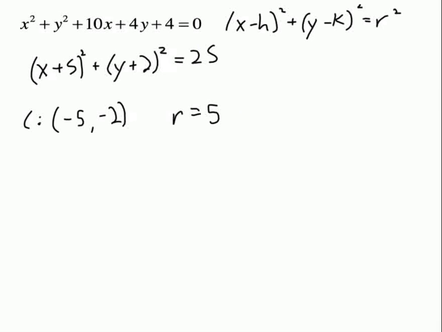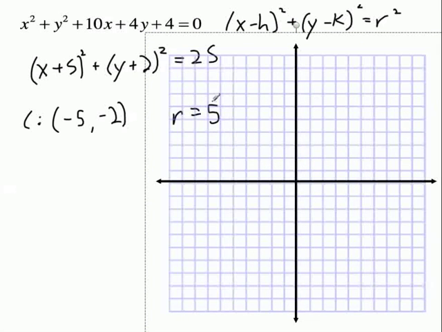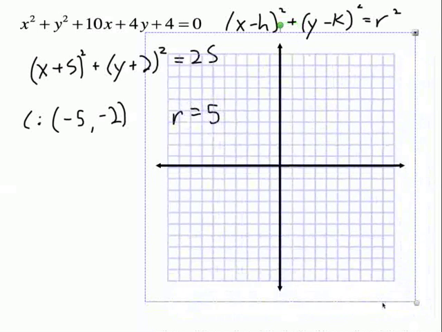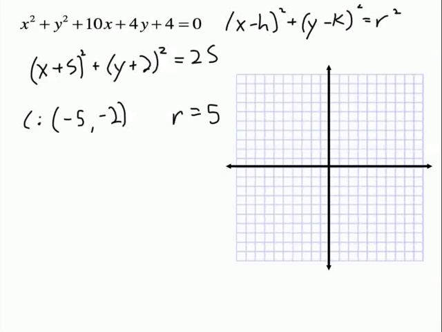And so you end up getting the circle right here. Let's make this smaller. So it's going to be a circle at center negative 5, negative 2. Center right here. And my radius is going to be 5.